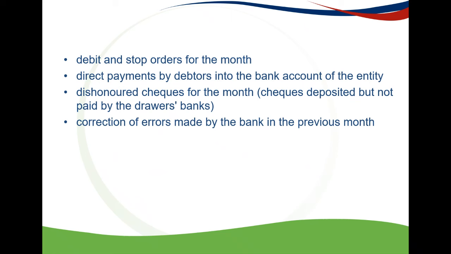So everything that will happen on the debit side of the bank statement will also be recorded on the debit side of my bank reconciliation statement, and transactions that will normally go through on the credit side of my bank statement will also go through on the credit side of my bank reconciliation statement, because that we use to reconcile the balance as per the given bank statement to the balance it is supposed to be according to our records.